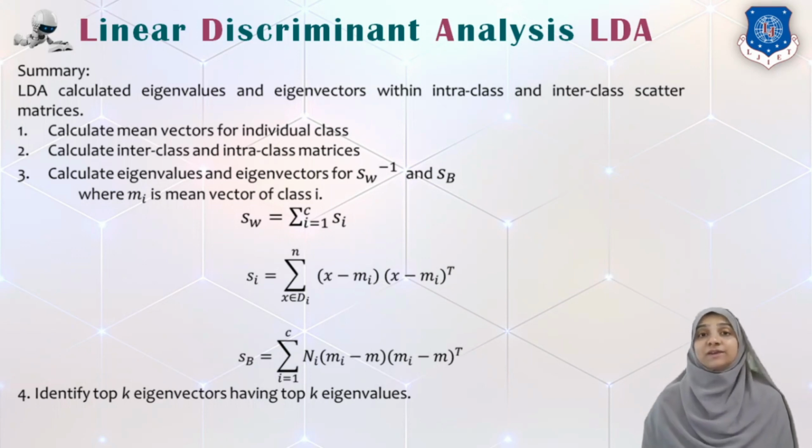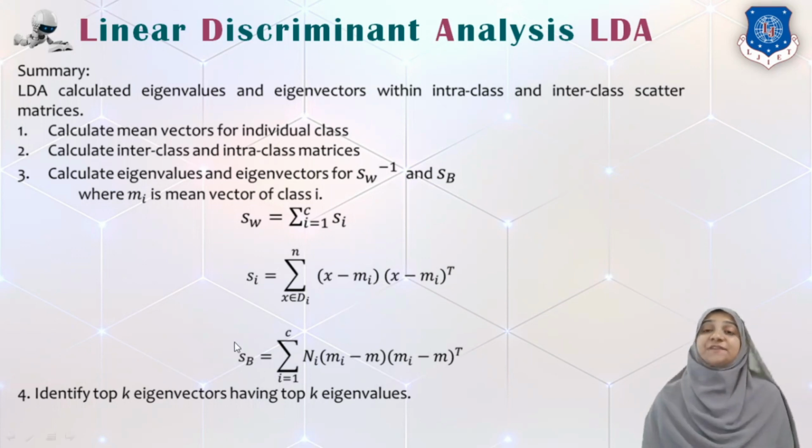So we are interested only in those data points which belong to a particular group over a set of n data points. Si is given as the sum over X belonging to Di of X minus Mi, that is the difference from the data point to its mean, multiplied by this vector's transpose, that is X minus Mi transpose.